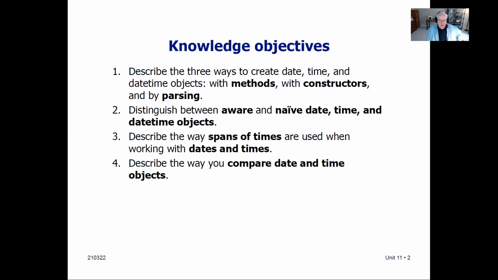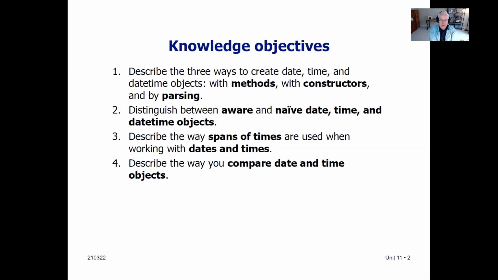So another thing that we have to think about, and it's not really a big deal in this chapter, but it is there, is to distinguish between aware and naive date and date time objects. When we say that, an aware object knows what time zone it's in. Okay, it has a predetermined time zone, whereas a naive object is going to depend on the operating system for the time zone.